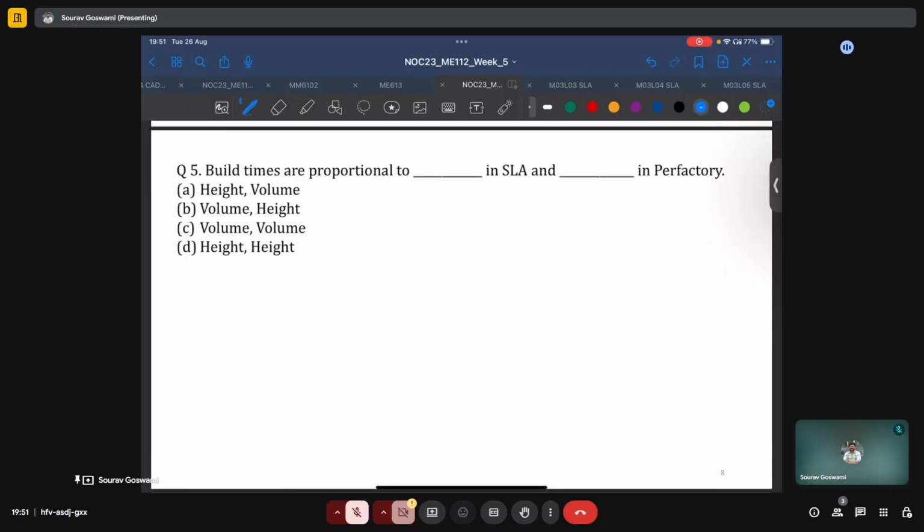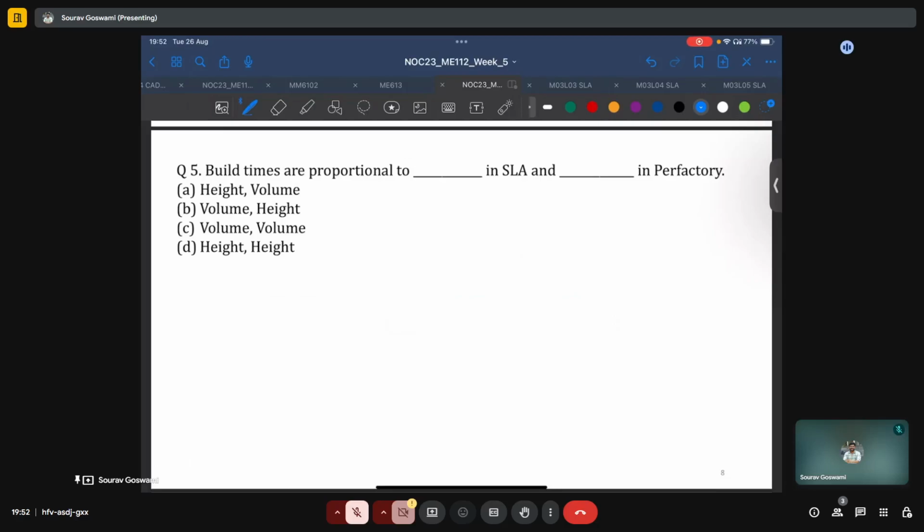The fifth question is asking us, what factors influence the build time in the SLA process and in the Perfactory process? And we see that it is some combination of the height and volume of the build part.